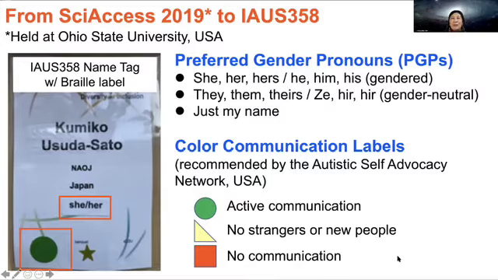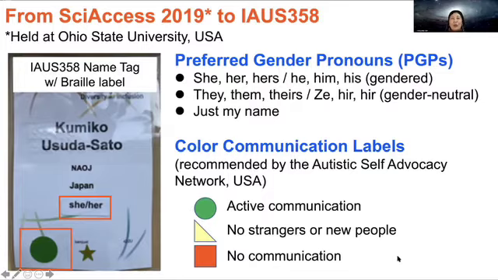Participants read the posters and put a label of PGPs as they liked on their name tags, such as traditional gendered pronouns like she, her, hers, or he, him, his, or gender-neutral pronouns like they, them, theirs, or exact name instead of pronouns.